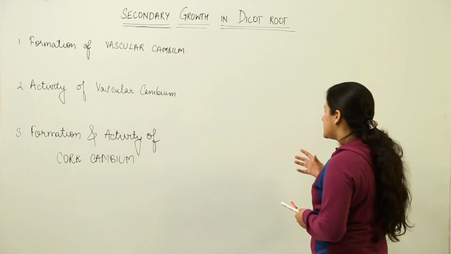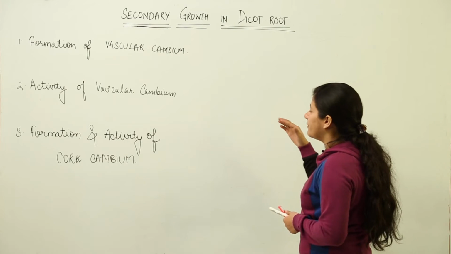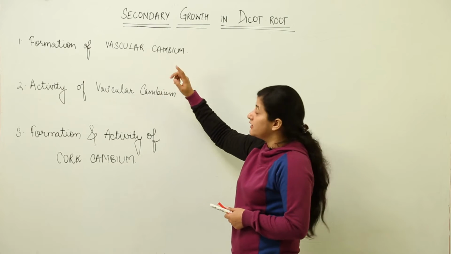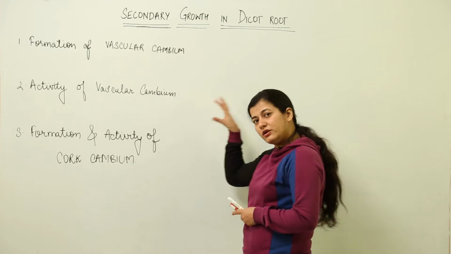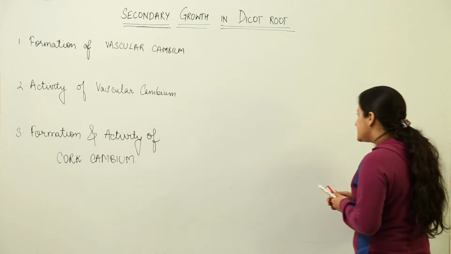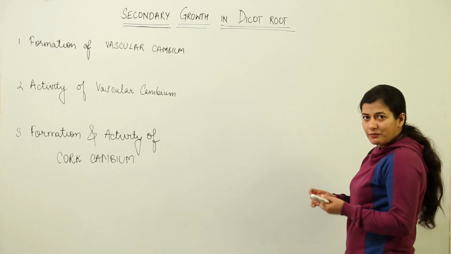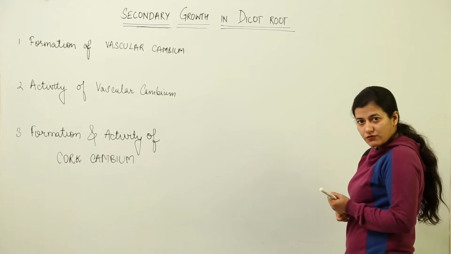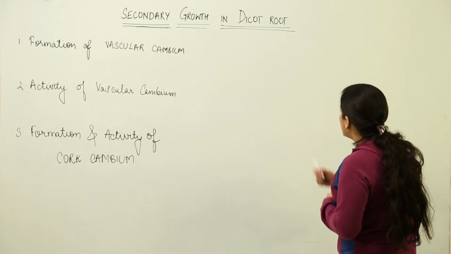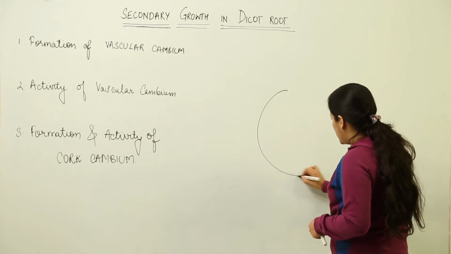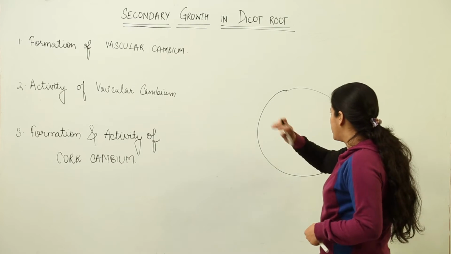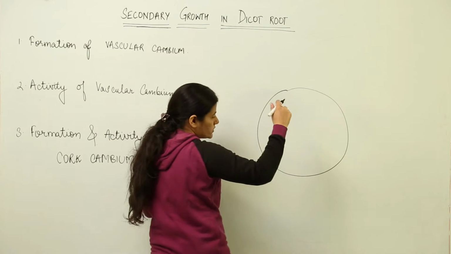Now because the growth has to take place at cambium level, and the cambium is vascular cambium, we are going to be more concerned about the stele in the beginning, which comprises the xylem and phloem and endodermis. Now this is what a stele of a dicot root looks like.